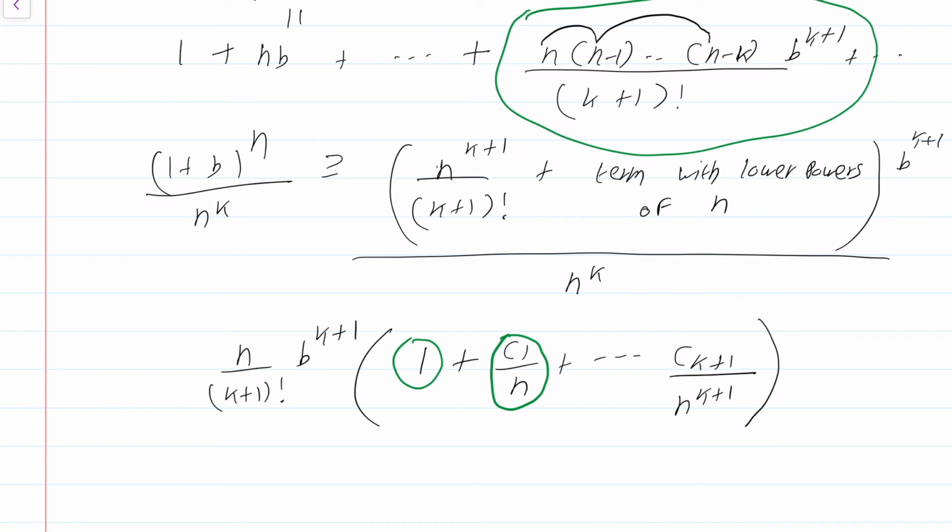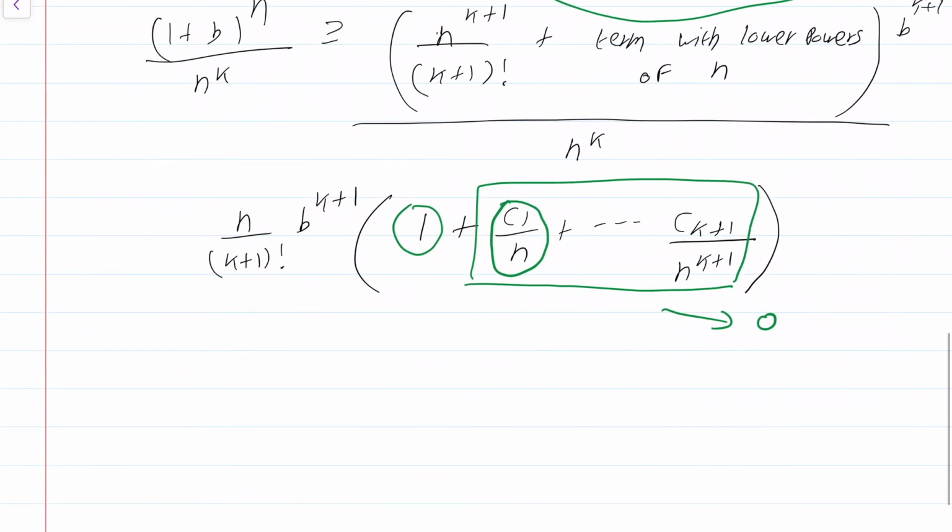Right? Now, why did I do this? Well, I did this because now I can just say all of these terms, irrespective of what the coefficients c1 to c k plus 1 are, all these terms go to 0. All of this converges to 0. Okay? So, I am just left with n by k plus 1 factorial times b power k plus 1, and this clearly diverges to plus infinity. Okay?